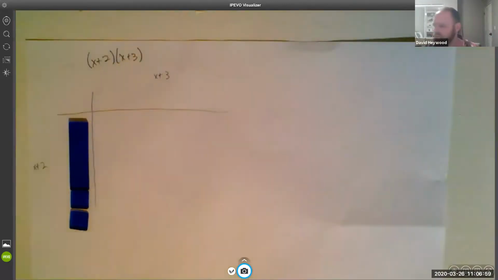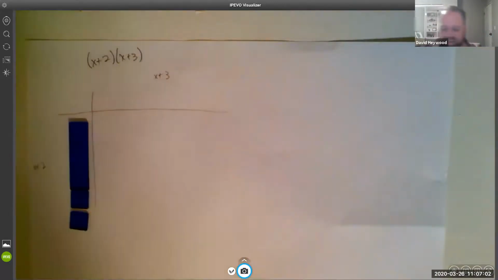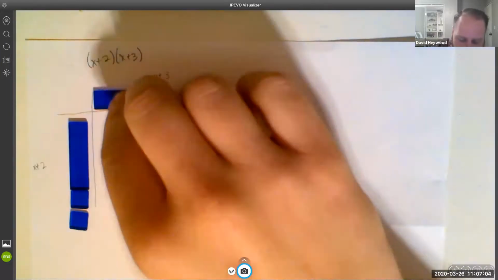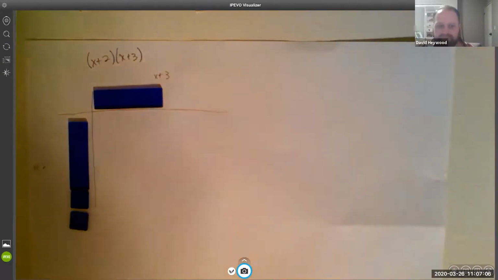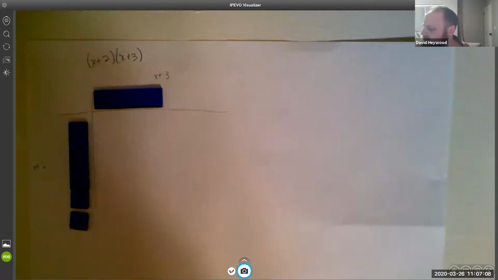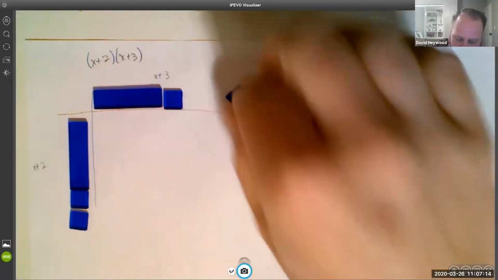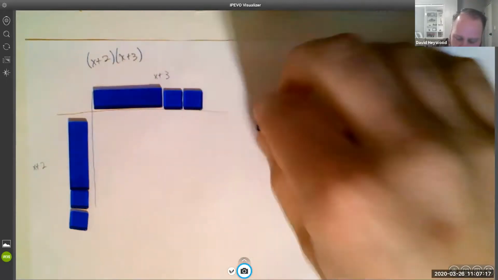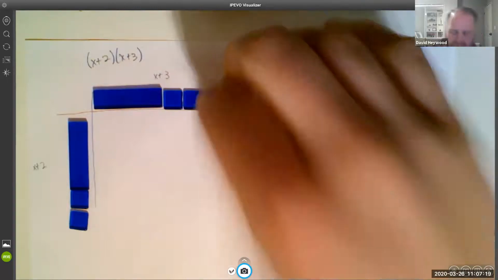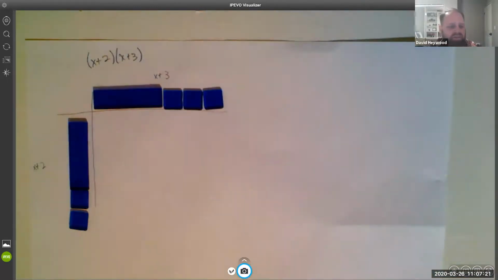For x plus 3, I'm going to have an x tile and 3 units. Okay, and so there we go, right? So we've got x plus 2 times x plus 3.